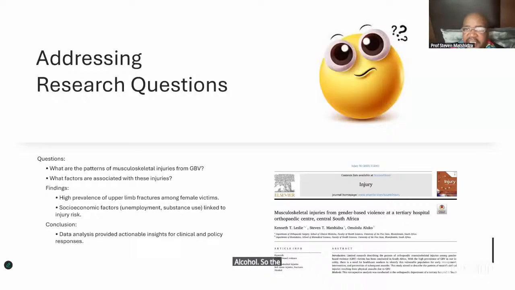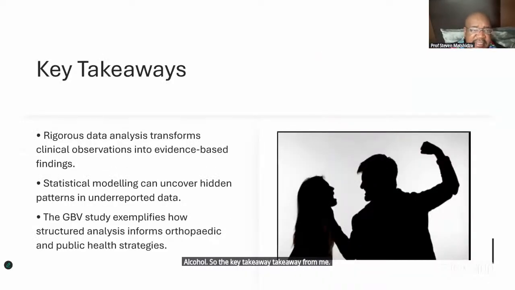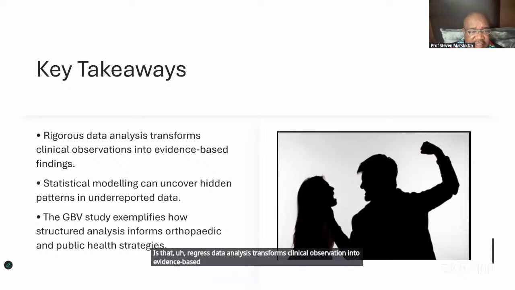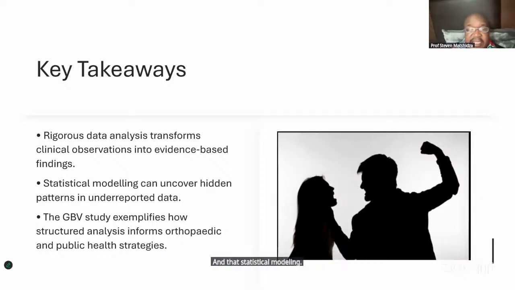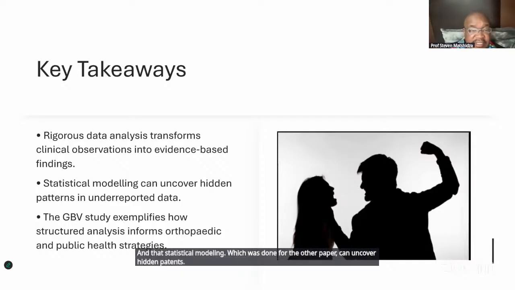So the key takeaway from me is that rigorous data analysis transforms clinical observation into evidence-based findings. And statistical modeling, which was done for the other paper, can uncover hidden patterns in underreported data.